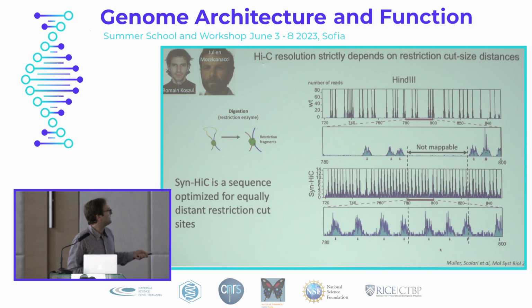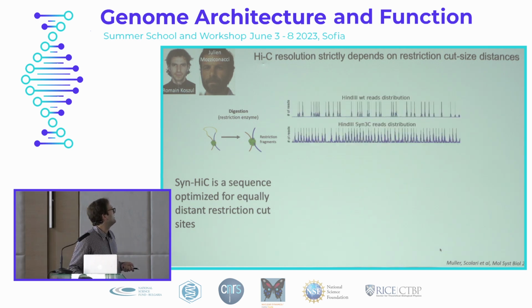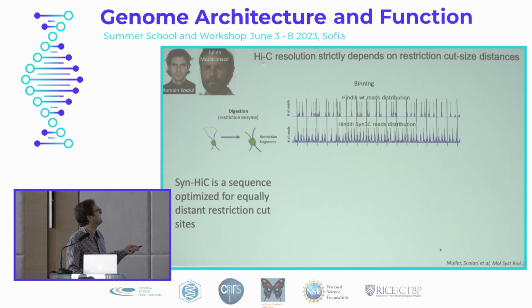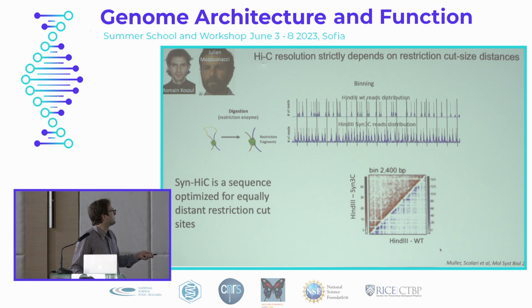And this could improve the resolution of Hi-C. Normally, what you do with Hi-C is that you bin the data into equally sized bins, like 5 kb, for instance, and then you look at the contact map, and you see that in the wild type, where you had this bias, and in the synthetic, there were much fewer white stripes. The white stripes are what impeded us from seeing, for instance, the contacts between telomeres.